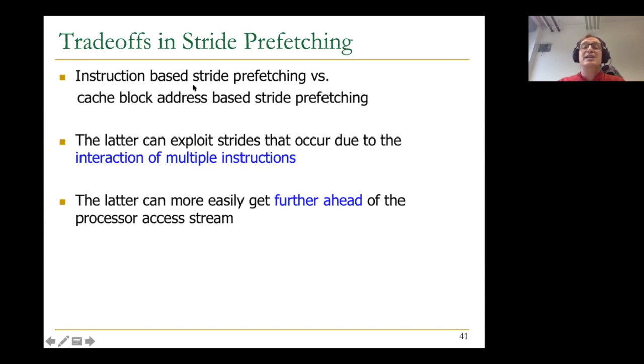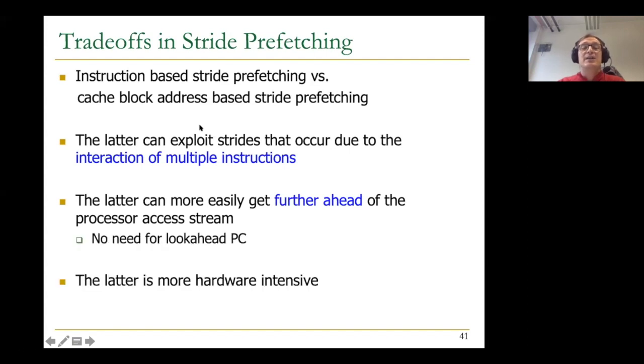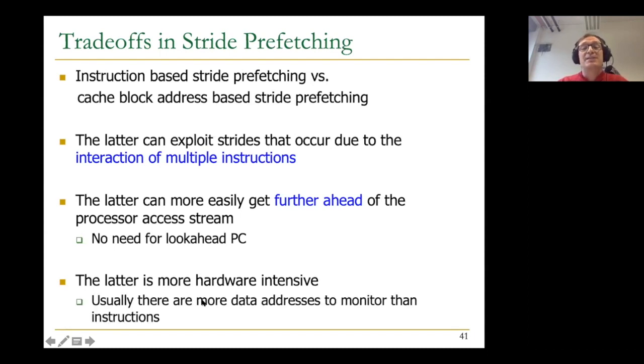This doesn't mean that instruction-based stride prefetching doesn't have advantages. It does. One is that it's less hardware intensive, as many recent works also showed. And you may get some predictability in program counter-based prefetching that you don't get out of cache block address-based stride prefetching.